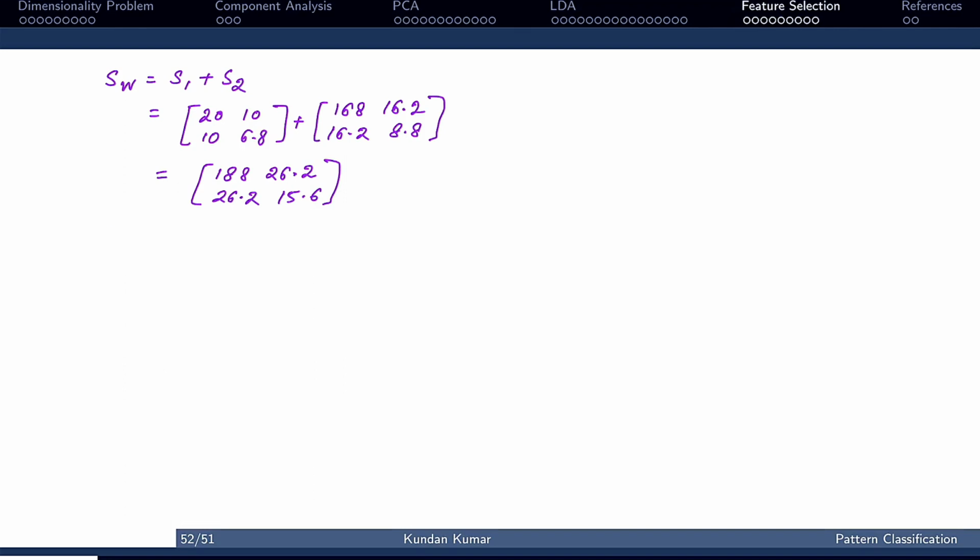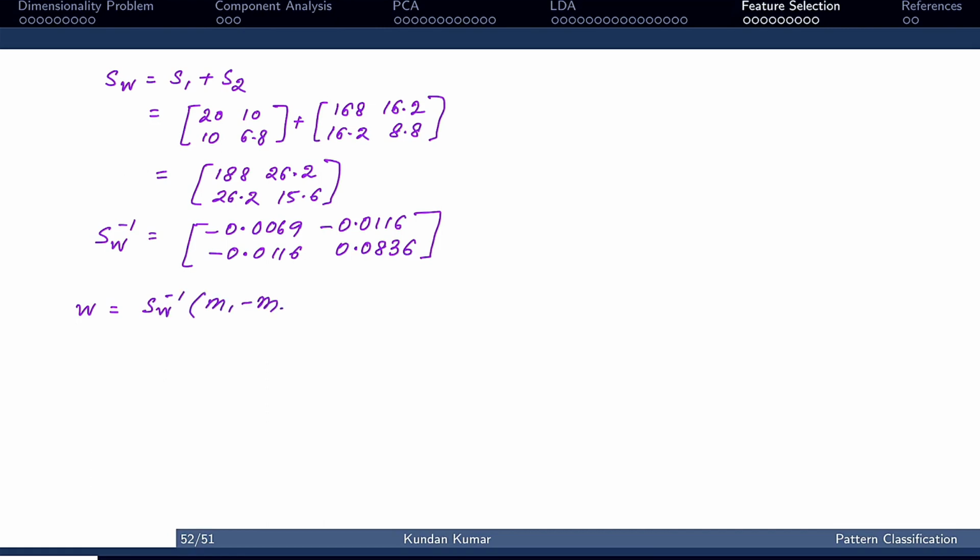Then we need to compute the inverse of the within class scatter matrix, and that value will be 0.0069, minus 0.0116, minus 0.0116, 0.0836. Okay. So, now we need to compute W, that is SW inverse into M1 minus M2. So, just put the values.